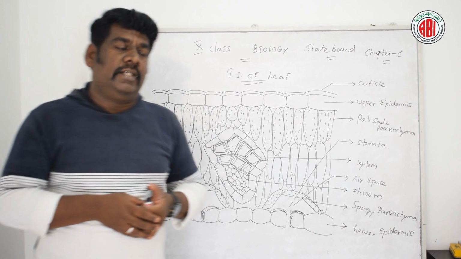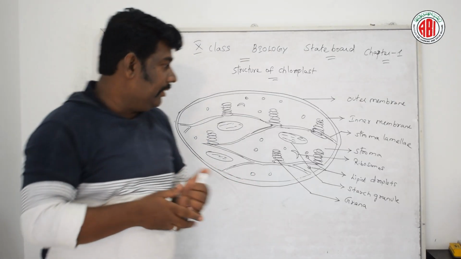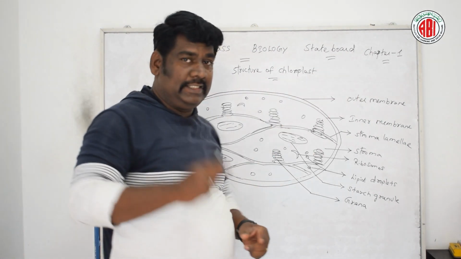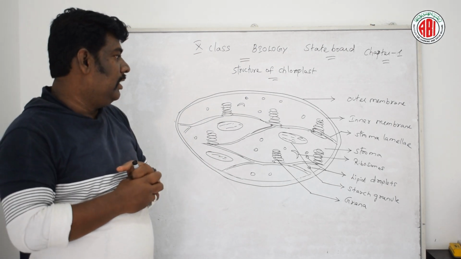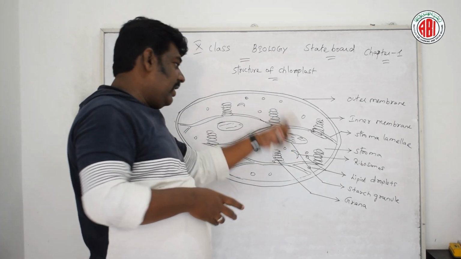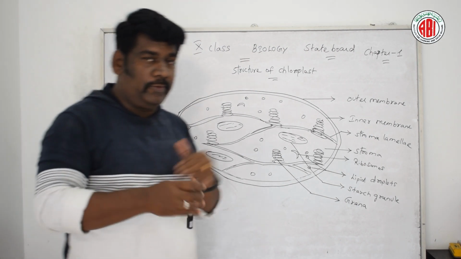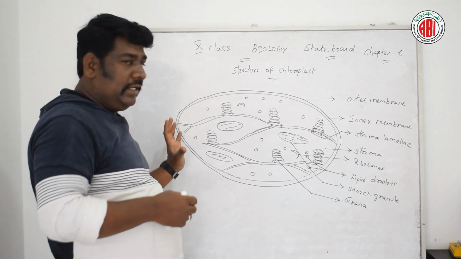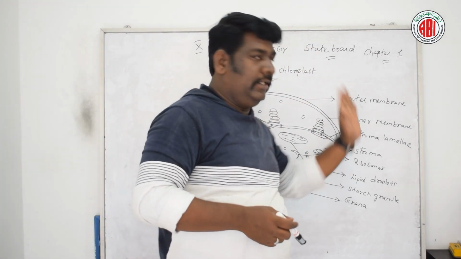Okay, yes. Now let us discuss the next diagram. Again in chapter 1, we are going to discuss the second diagram, that is the structure of chloroplast. As I said, before drawing the structure, the diagram should be on either the right side or the left side, and all the labeling should be on the other side.